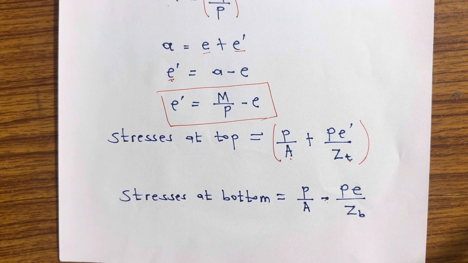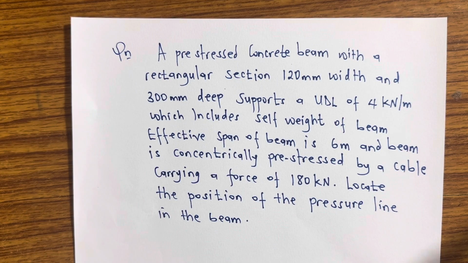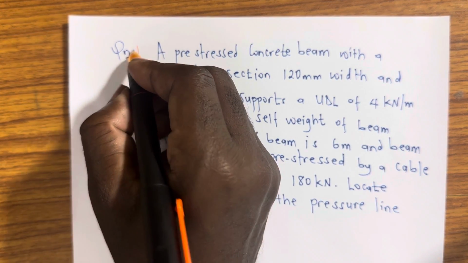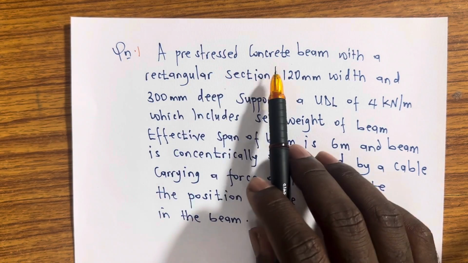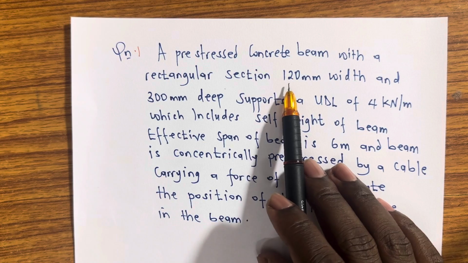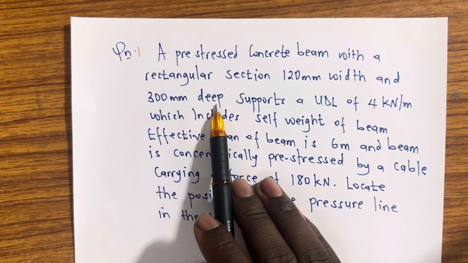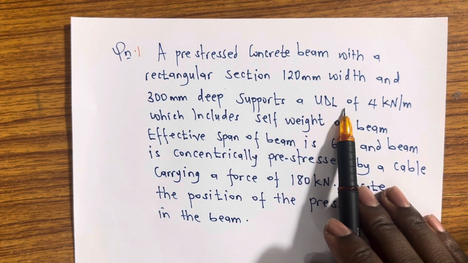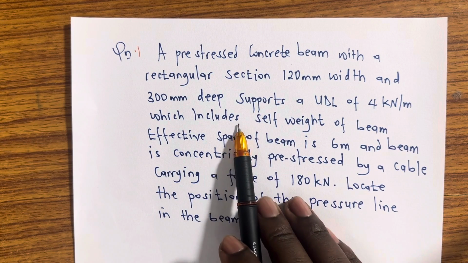Now let's have a look at a problem so that we can understand this concept very well. This is our first problem that we are solving today, and the question says: a prestressed concrete beam with a rectangular section 120 mm wide and 300 mm deep supports a UDL of 4 kN per meter, which includes its self weight.